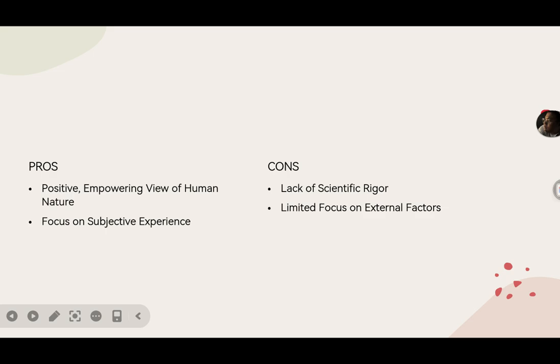And of course, for its pros and cons, right? So first, it's positive, empowering the view of human nature and focusing on subjective experience. For the cons, it lacks scientific rigor and support, and has limited focus on external factors.